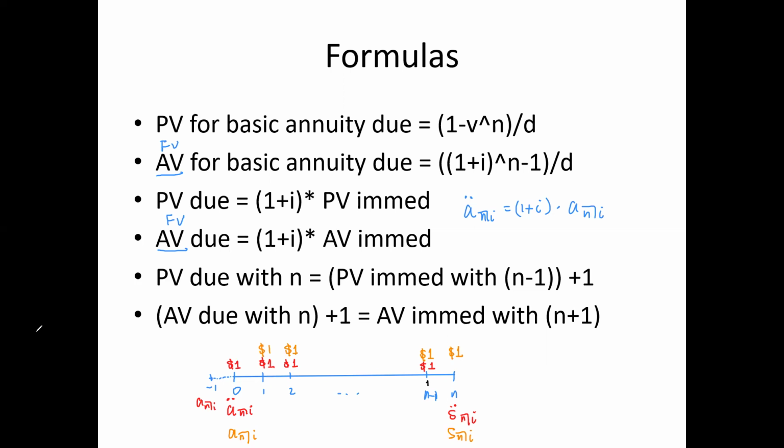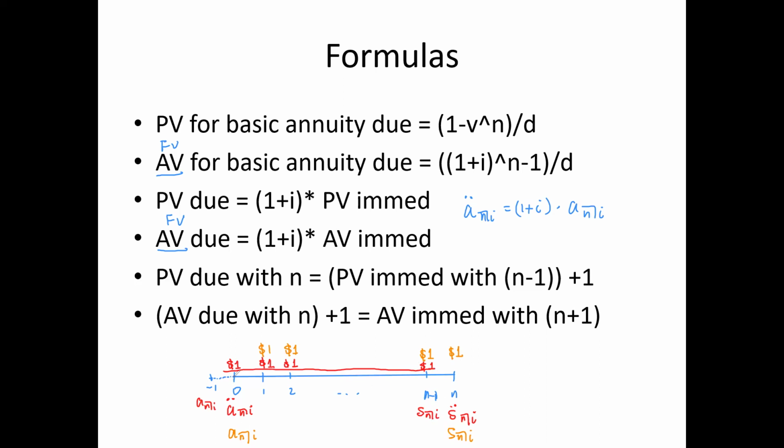Let me use the orange one. For the red one, for this cash flow again, at time n minus 1, I have S sub n angle I. Still n, because actually you have n payments.